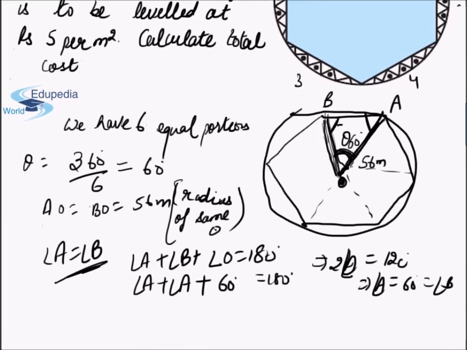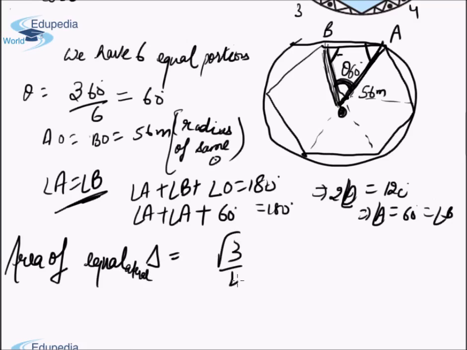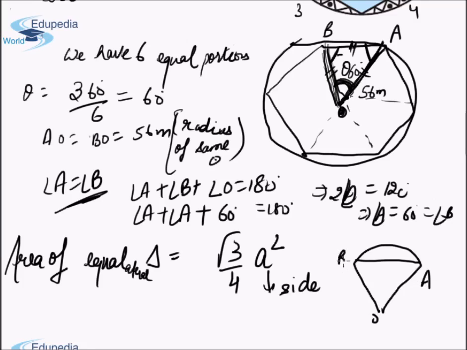And friends, we know that the area of an equilateral triangle equals root 3 by 4 A square, where A is the side of the triangle, and for an equilateral triangle we have all the sides equal. So if we consider one such part, that is this OBA separately, this is the barren land.